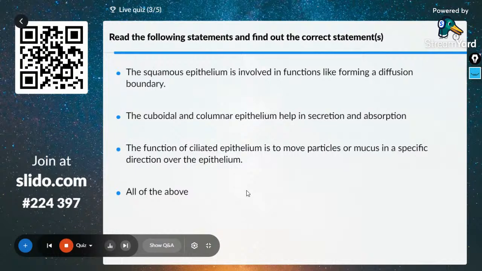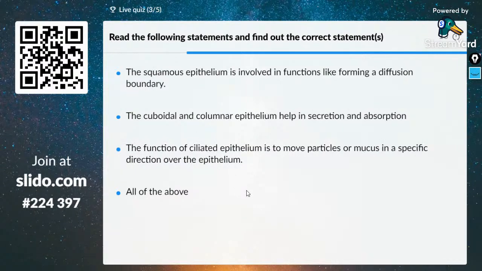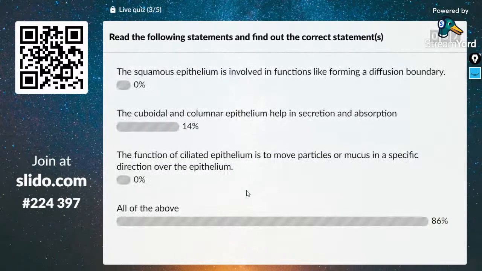Read the following statements and find out the correct statement. The squamous epithelium is involved in functions like forming a diffusion boundary. The cuboidal and columnar epithelium help in secretion and absorption. The function of ciliated epithelium is to move particles or mucus in a specific direction. All of the above. 86% chose all of the above.